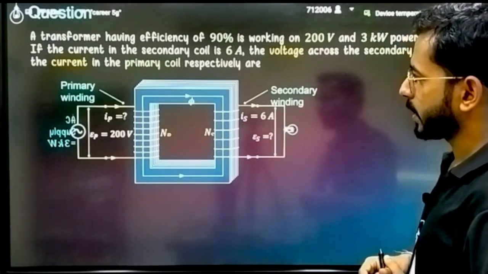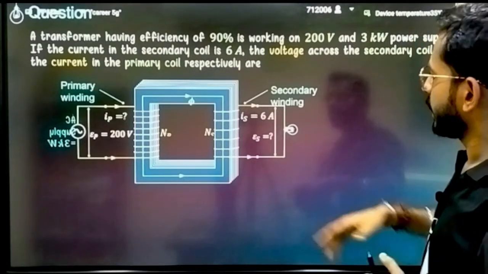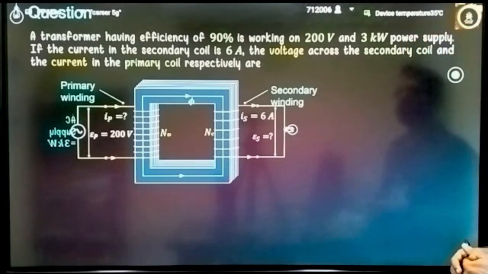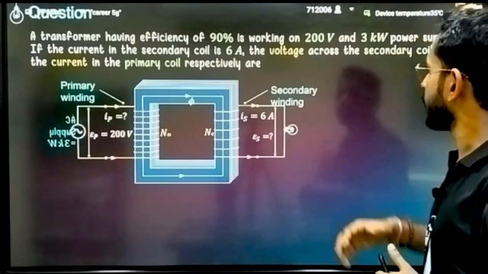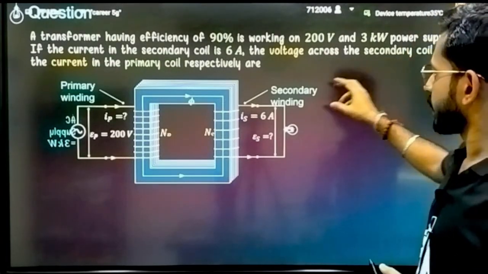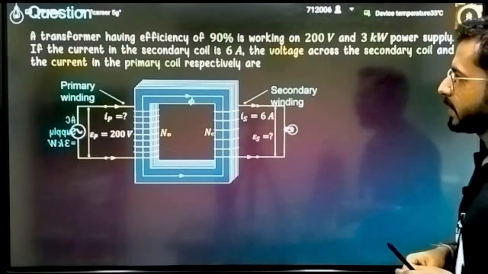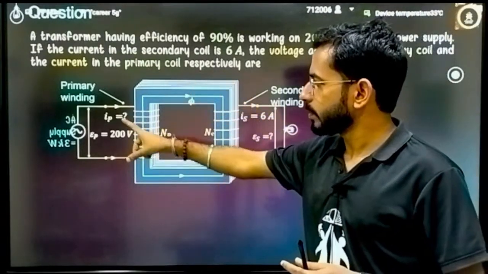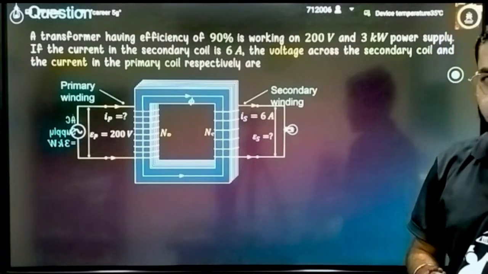If the current in the secondary coil is 6 ampere, what will be the voltage across the secondary circuit, and what will be the current in the primary coil respectively? This is what you have to calculate.